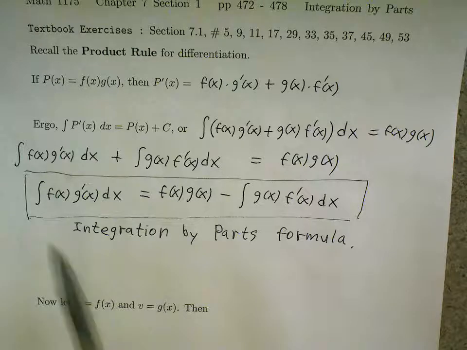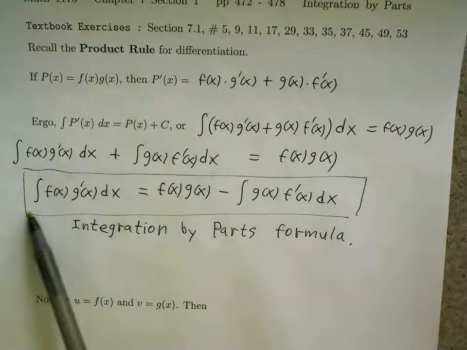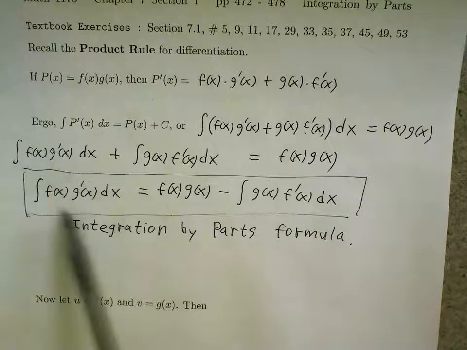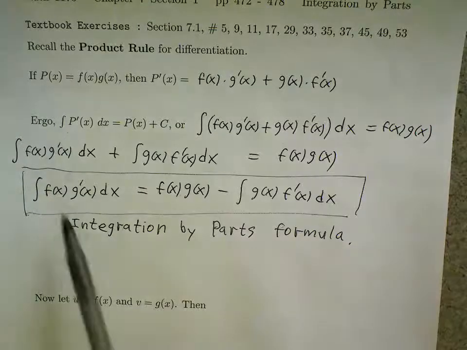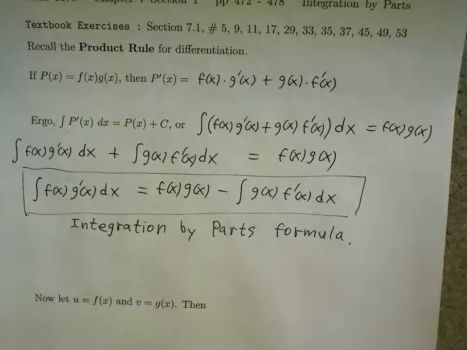So if you want to use the integration by parts formula, you have to decide when you're looking at that product which one of those two functions you want to be f of x and which one you want to be g prime of x.